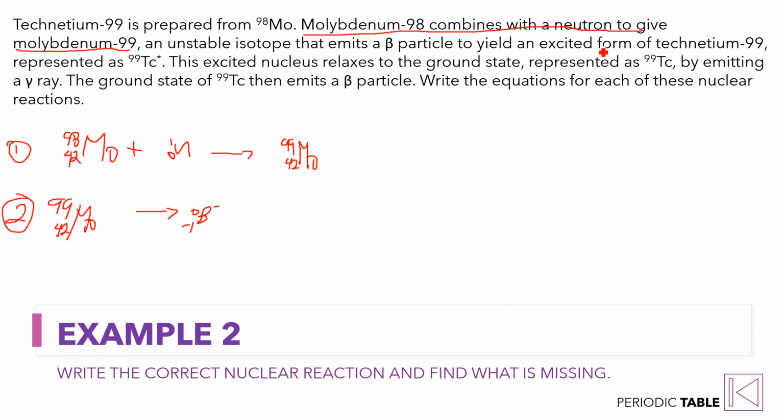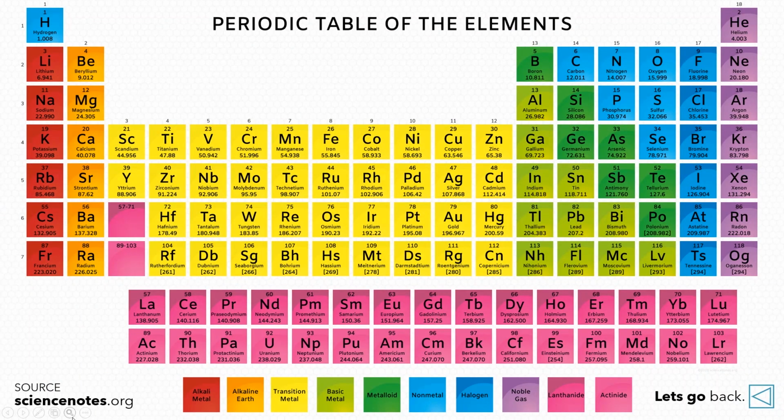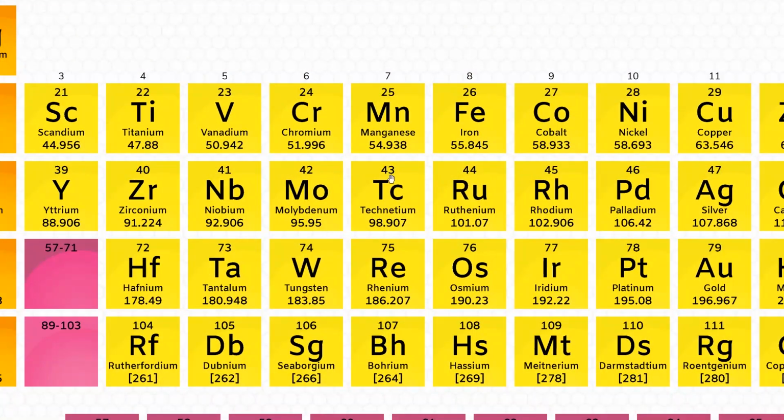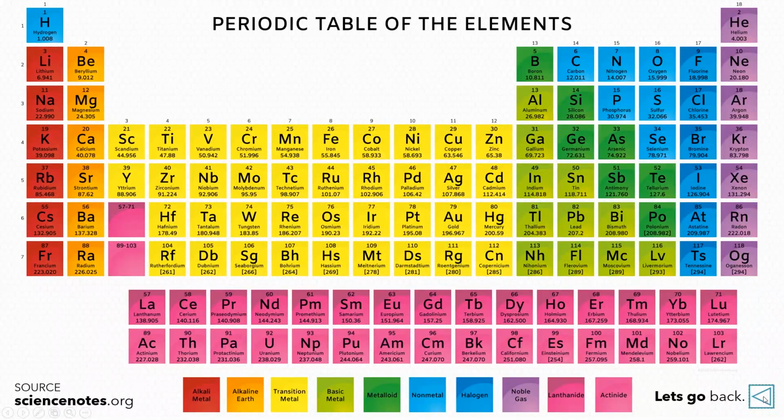Tapos, yung reaction nun, nag-yield siya ng excited form ng technetium-99. So, we have a technetium-99 here. Technetium-99. What is the atomic number of technetium? Technetium is 43 here.